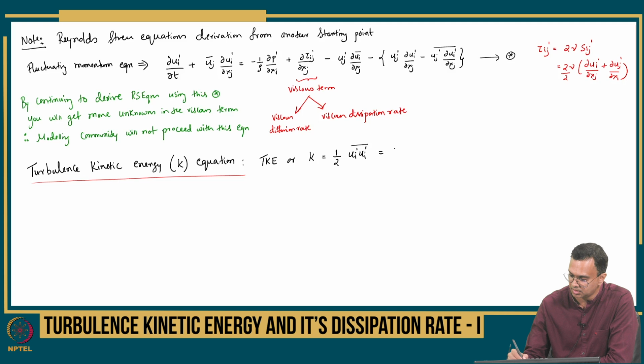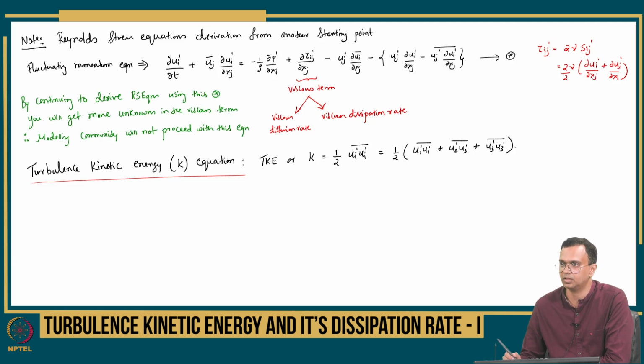So this is the sum of three terms, the three normal stresses that we discussed where redistribution is occurring: u1 prime squared bar plus u2 prime squared bar plus u3 prime squared bar. It is the sum of the three normal stresses, the diagonal components of the Reynolds stress tensor.